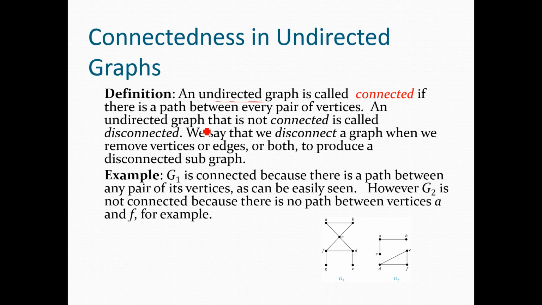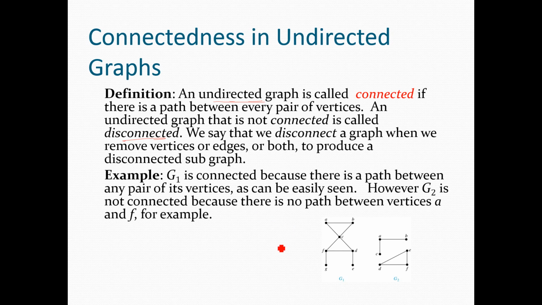An undirected graph that is not connected is called disconnected. We say that we disconnect a graph when we remove vertices or edges or both to produce a disconnected subgraph.